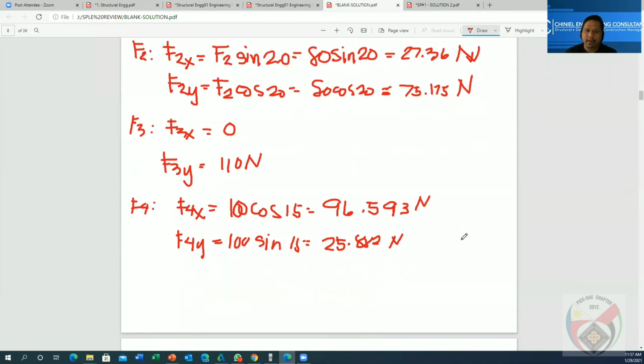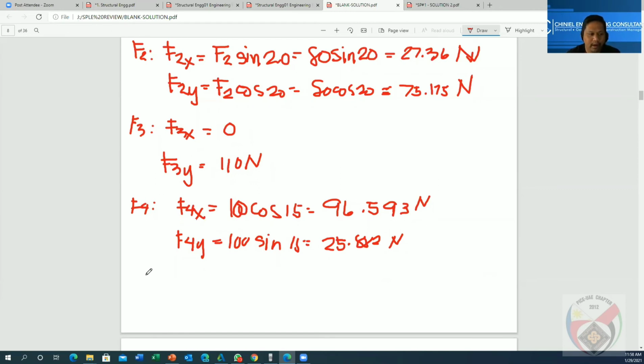Okay. So now we're going to get the net forces along X and along Y. In getting the net forces, we should be consistent with the direction. If it's in the horizontal direction and it's going to the right, it is positive. If it's going to the left, it is negative. Okay?